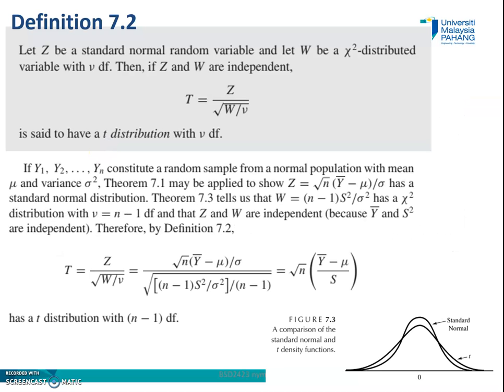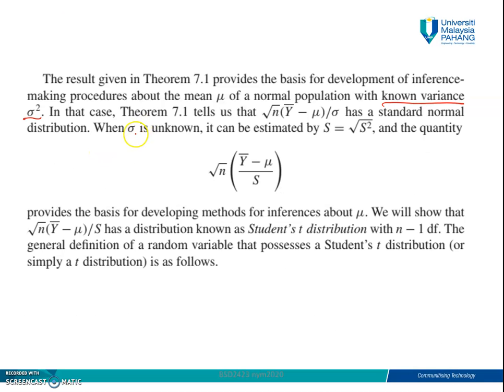However, when sigma is unknown, it can be estimated by S, the sample standard deviation, which is the square root of S square. Then the quantity becomes like this: instead of sigma, we have S here.